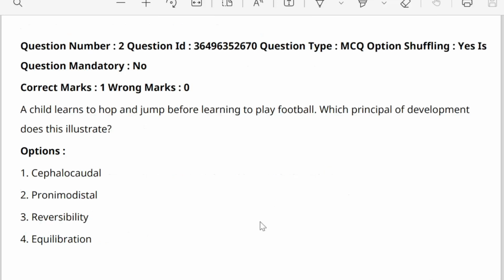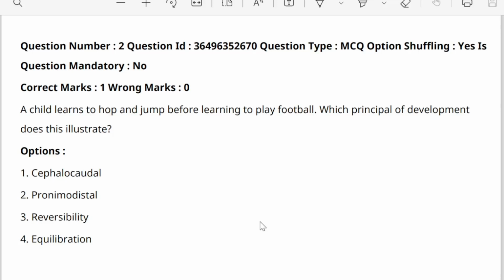Question number 2. A child learns to hop and jump before learning to play football. Which principle of development does this illustrate? Cephalocaudal, proximodistal, reversibility, or equilibrium? The answer is proximodistal.